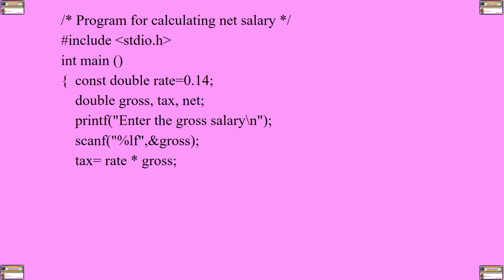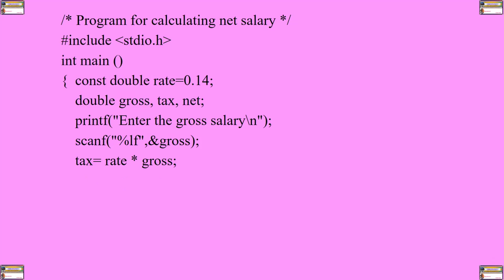multiplied by the value which is stored in the memory location called rate. So if, for example, the gross amount entered is 3,000, it will be 0.14 times 3,000, and the result will be stored in the memory location called tax.